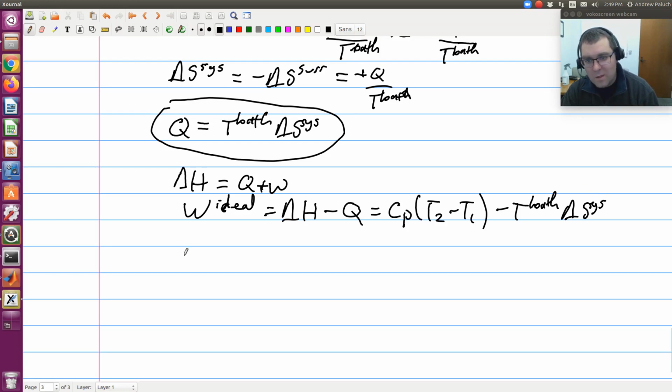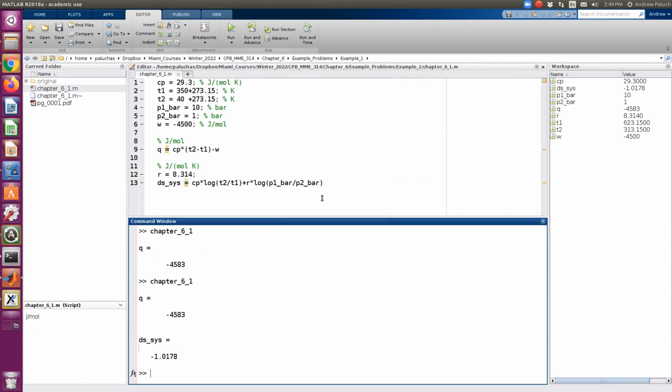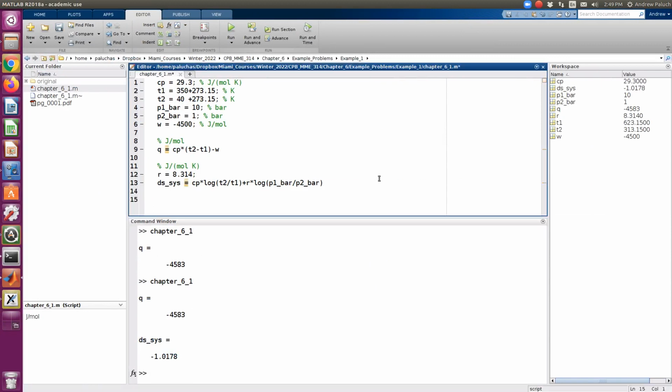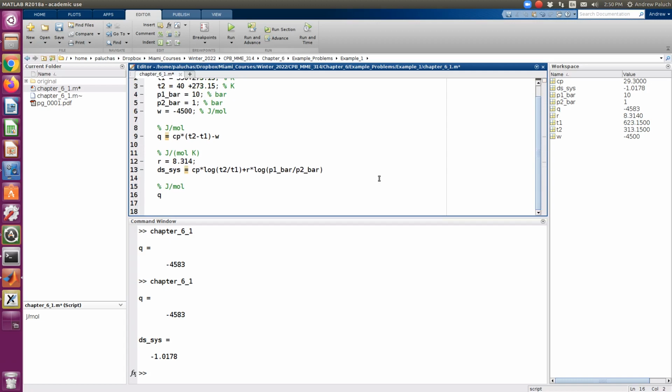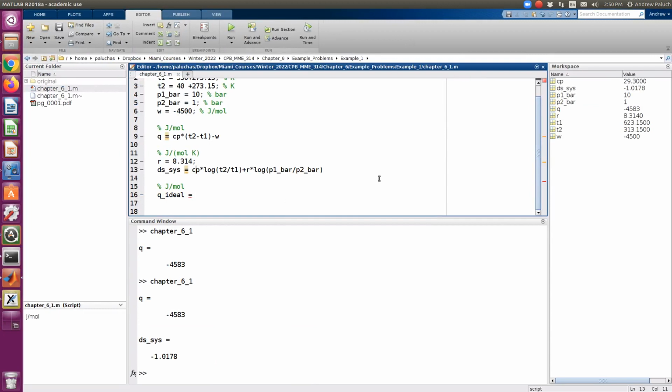So let's see what we get, and let's take it in two parts. First, let me compute, and let me make a note, we'll do these calculations in joules per mole. Let me call it Q ideal. For this ideal process, first I need the temperature of my bath.